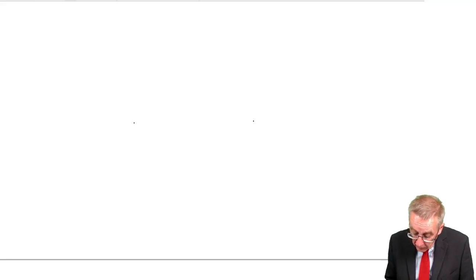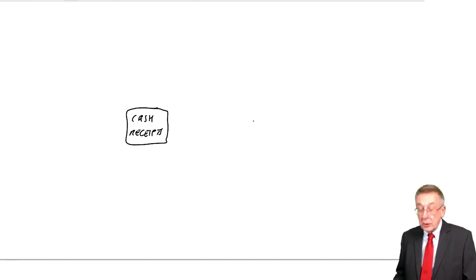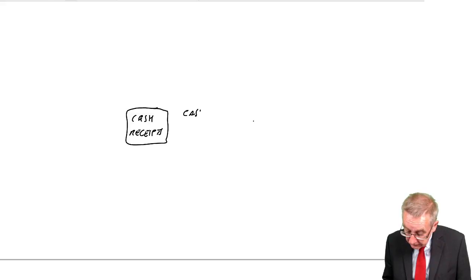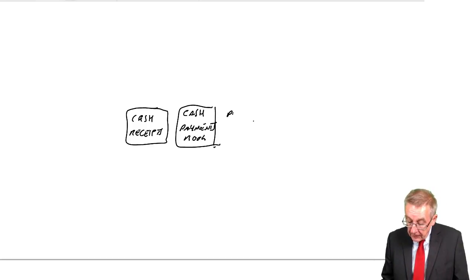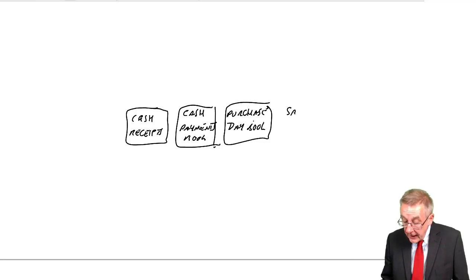Because if you remember, the first thing we do is record in one of 4 books. We've got a cash receipts book, it's supposed to look like a book, a cash payments book, I'm sorry, I've no choice but to squash a bit, obviously, a purchase day book or purchase journal, and a sales day book or a sales journal.